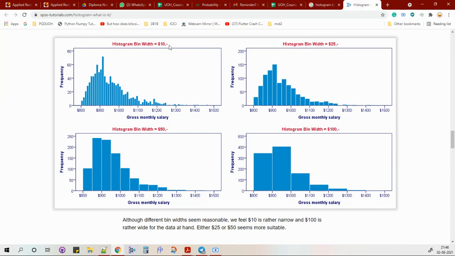So at a $10 range, I'm counting how many employees there are. This gives you a really good distribution of salary across the range. If you take more bins, it will represent the exact distribution of the salary.